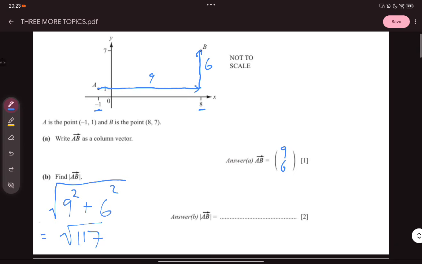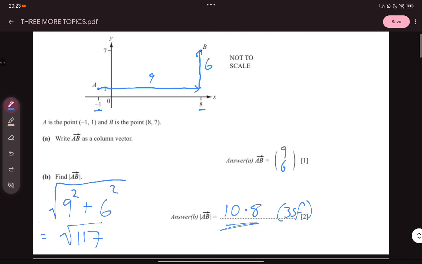And then I'm going to round my final answer to 10.8. I'm going to write down there that I've rounded it to 3 significant figures. So 3 significant figures would be a sensible level of accuracy, but notice that I've written down all of my working out here just to make sure that I'm definitely going to get all of the marks.